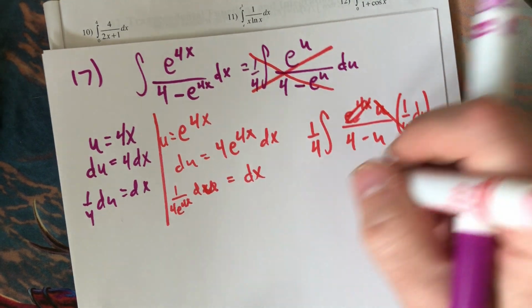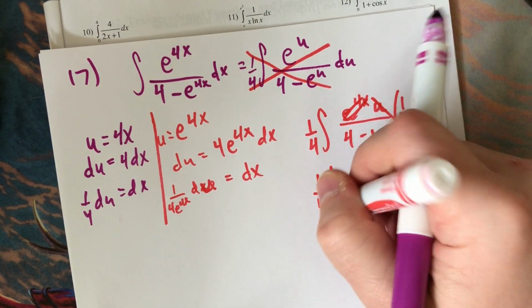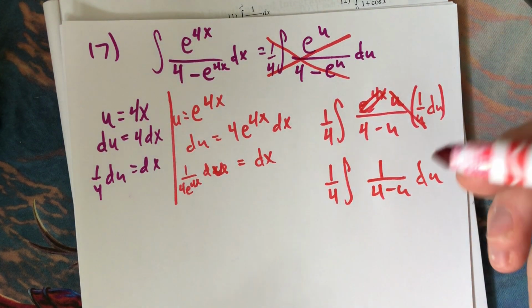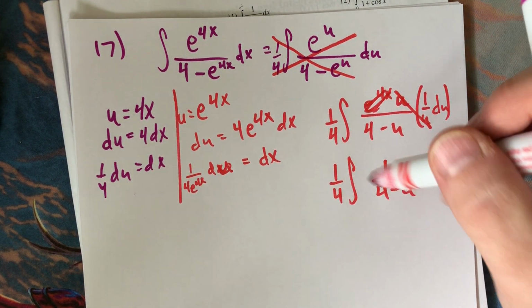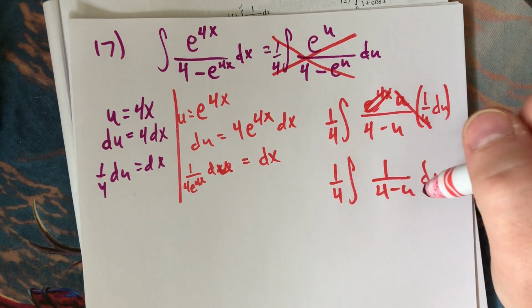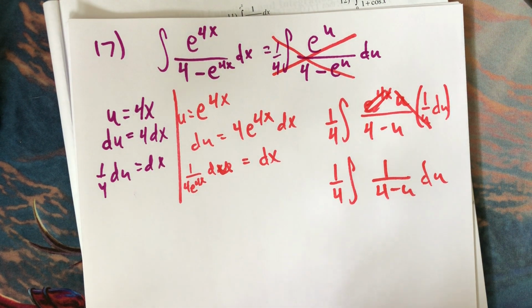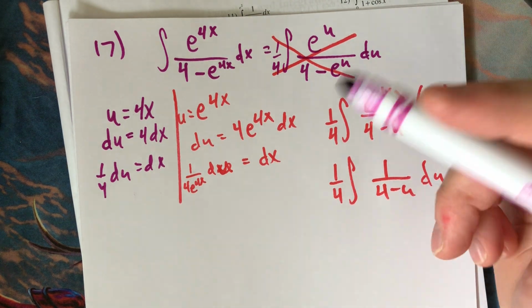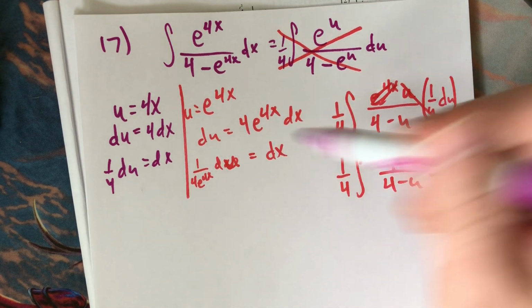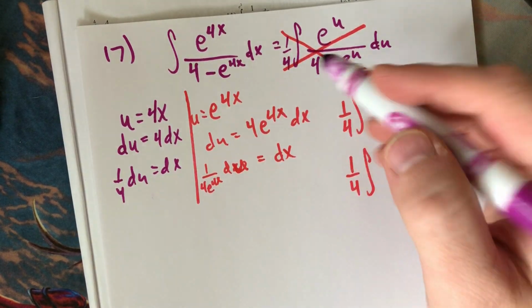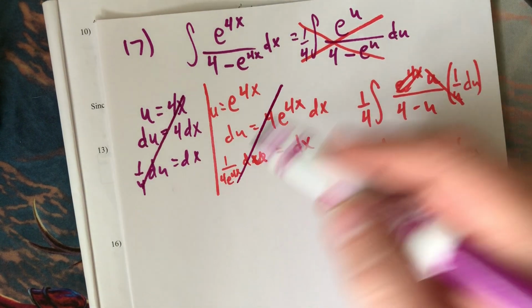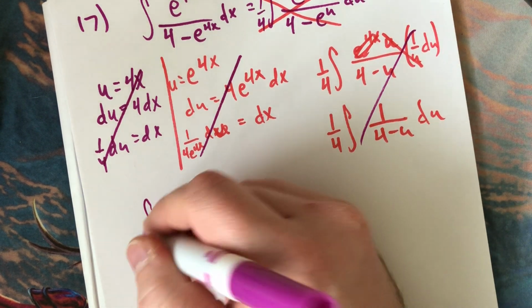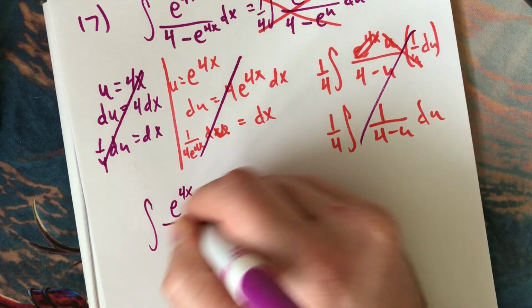So I can cancel those, but it's 1/4 times 1 over 4 minus u du. It's still not nice. Secretly, you could do a u substitution on this one now, you'd have to use w or v or b, we'll pick a different letter. But it's not really falling apart. So that kind of was a dead end. It's not a dead end, but it's not a nice end. It's a circuitous route.